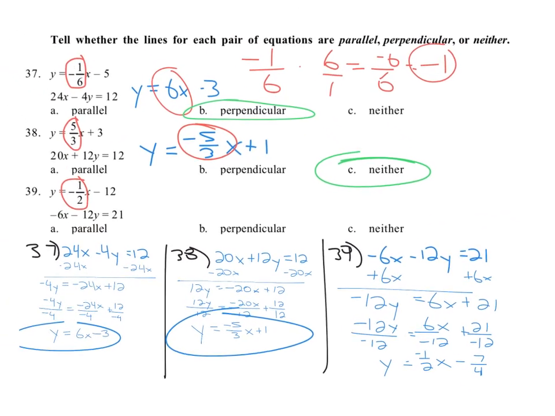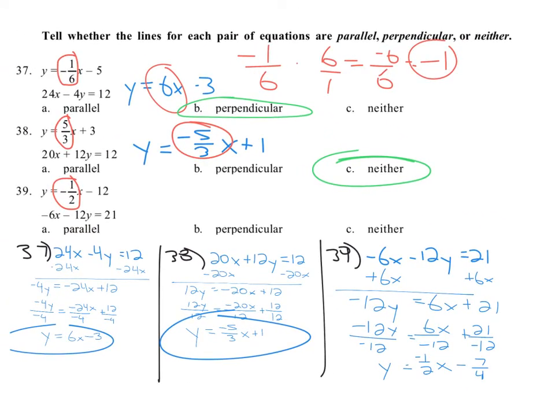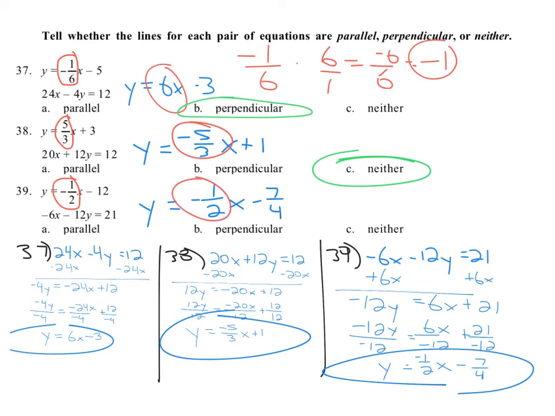Okay? And that's the equation. So if I wrote that in here, we would have y equals negative 1/2 x minus 7/4, and what we're really looking for in this case is what are the slopes. So we had a slope on the first equation of negative 1/2, and the one that we just calculated also negative 1/2.